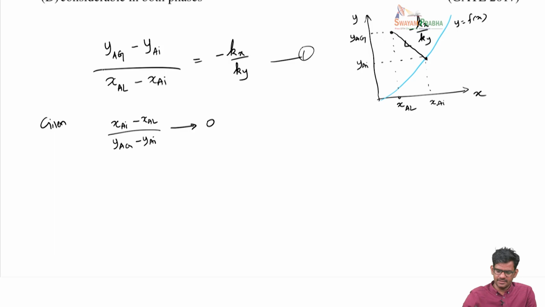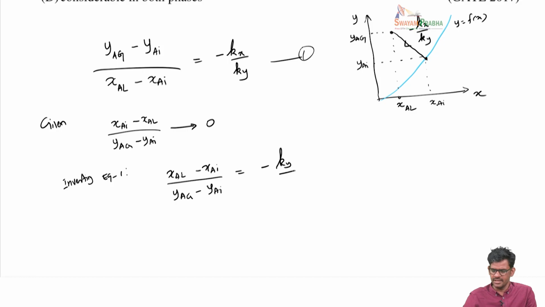So inverting equation 1, you will get XAL minus XAI over YAG minus YAI. When I invert it, I get minus ky by kx. I just inverted it. If you compare these two, are they the same? No, there is a sign problem.